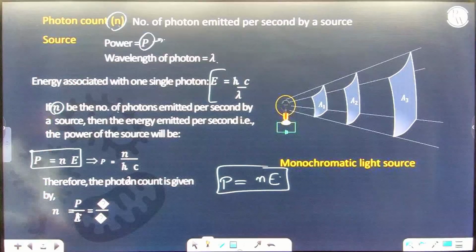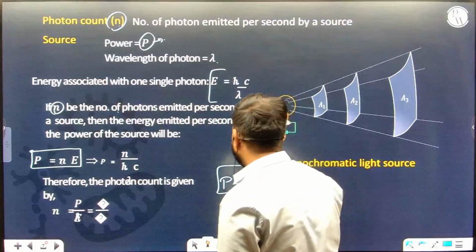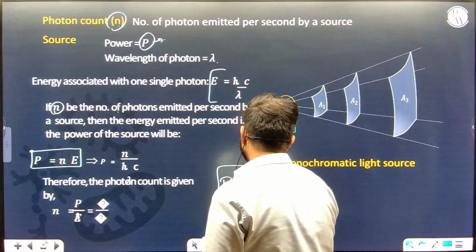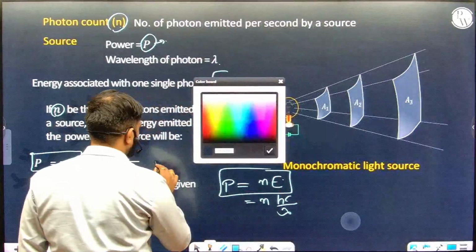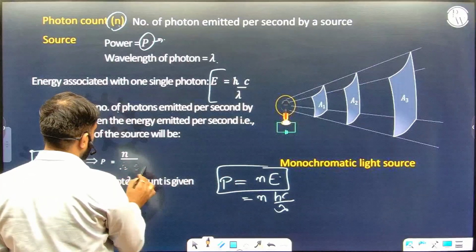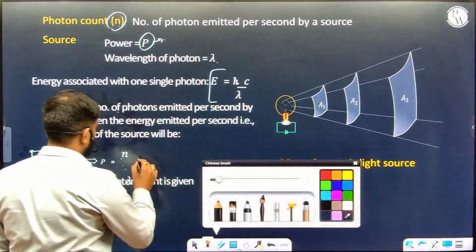Alright, from here they have written another formula. P equals n times hc by lambda.